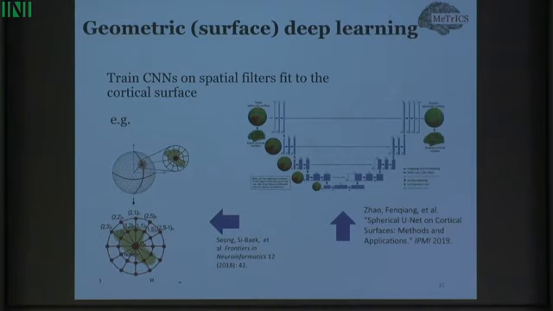There are different branches of this, but here we're talking about the development of designing specialized filters that can be fit to tessellated surface meshes. And then these can be input into any existing 2D or 3D CNN architecture to make predictions.